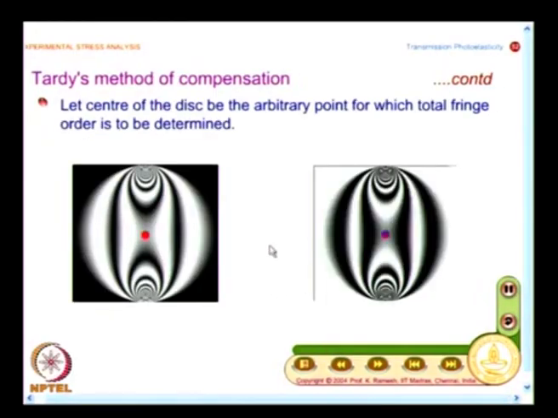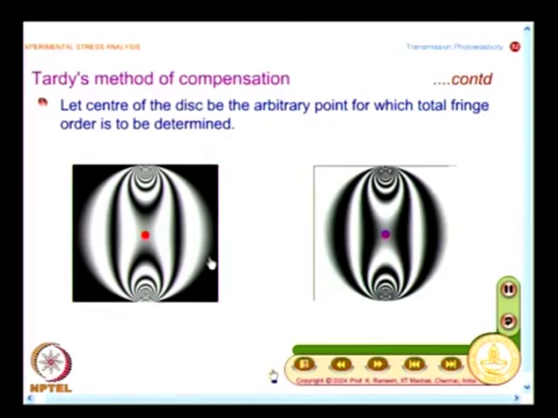And what we are going to do is, rather than taking an arbitrary point, we will take a very convenient point for finding out the total fringe order. And what I have taken is a disk under diametric compression.